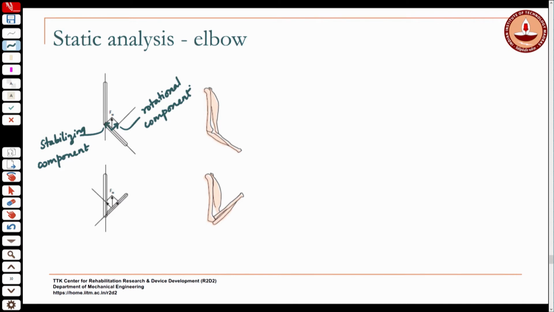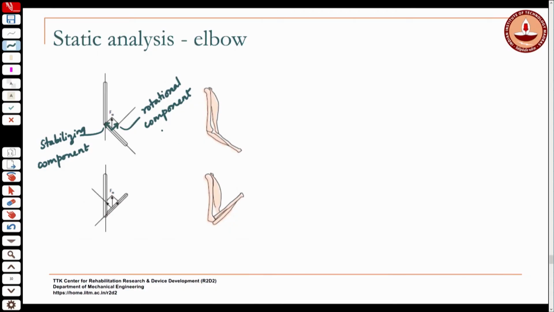Here the assumption we are making is that the angle of insertion is still the same, whereas in actuality you will see that as your elbow flexion changes, the angle of insertion is also going to change, and we will see that in another problem.